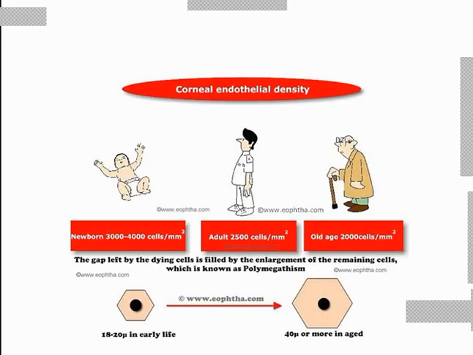Endothelial cell density slowly decreases in adult and old age. About 2,500 cells per square millimeter must be present, and in old age they decrease much more. The majority of cataract surgeries are on aged persons, so that is very important.